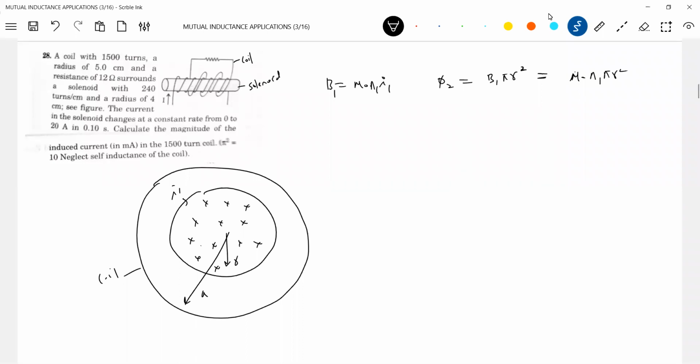But how many turns does the coil have? 1500 turns. So shall we put N2 here? This is the flux linking one turn of the coil.